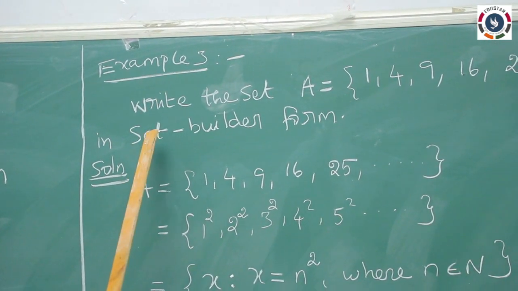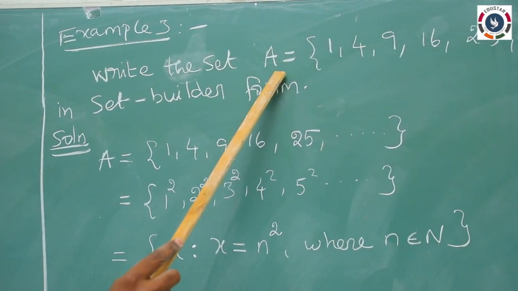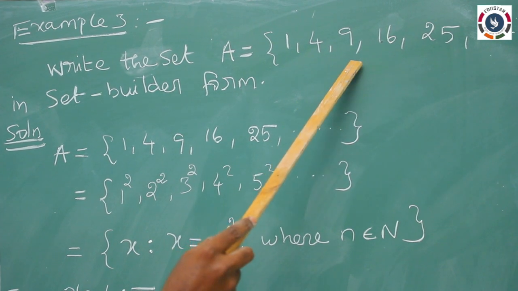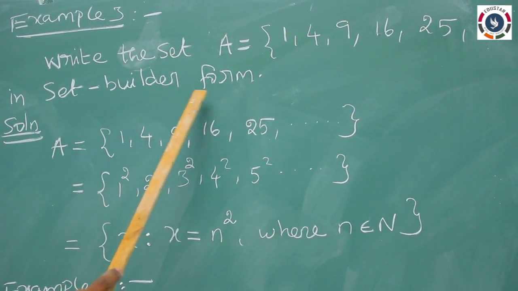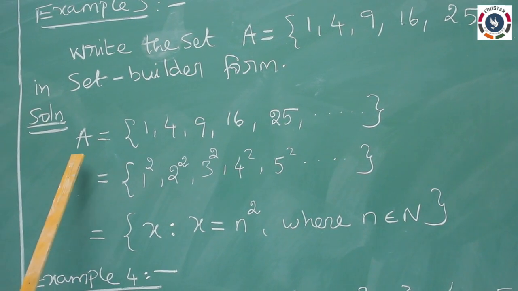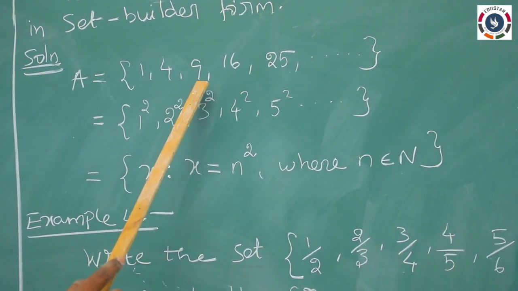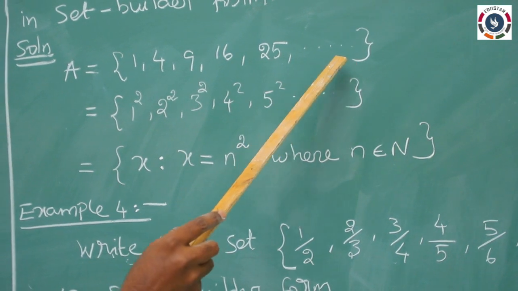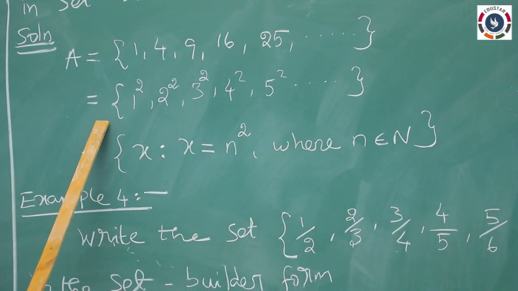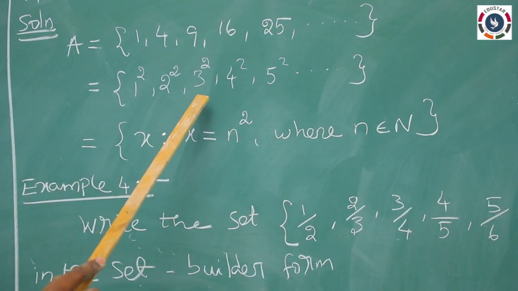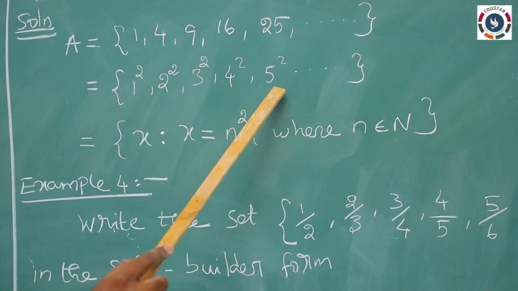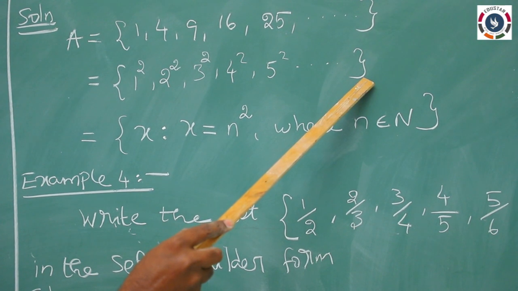Next example: write the set A equal to 1, 4, 9, 16, 25 and so on in the set builder form. A equal to 1, 4, 9, 16, 25 and so on. So, this can be written as 1 square, 2 square, 3 square, 4 square, 5 square and so on.